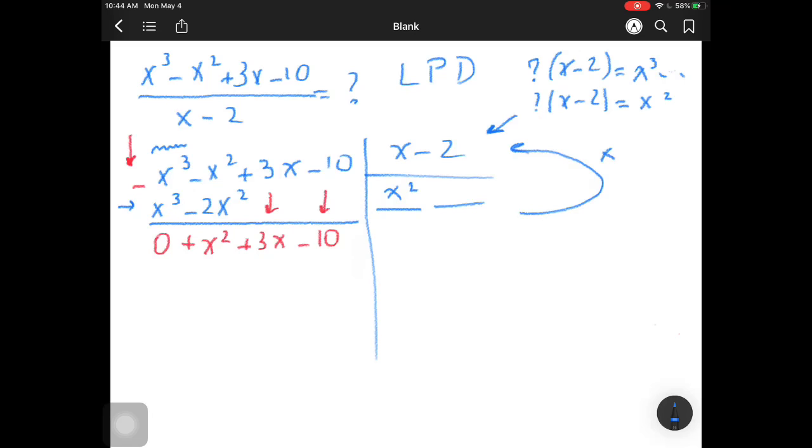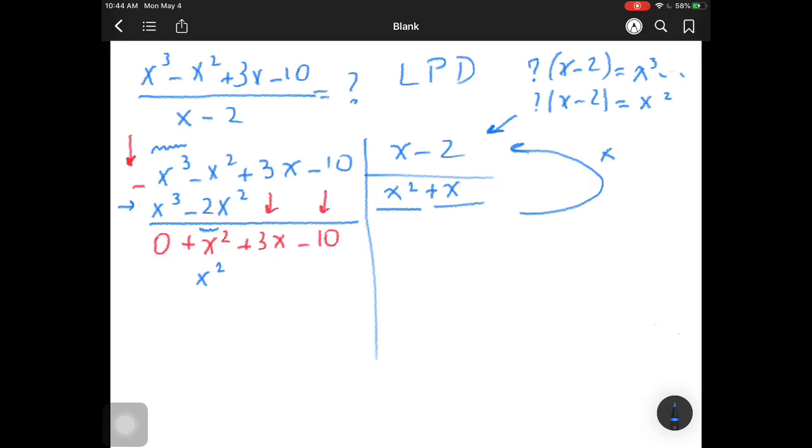Why x squared? Because you want to get the exact same term that is written here, because you want it to cancel out. So let's start thinking, what do I multiply by x minus 2 to give me x squared? Obviously the answer is x, and plus x.